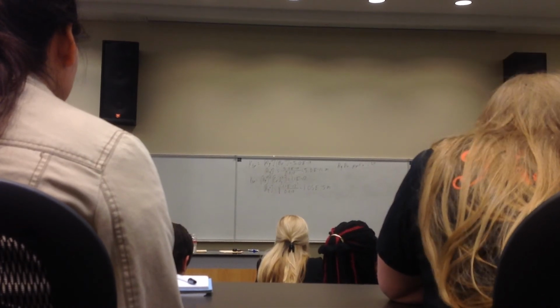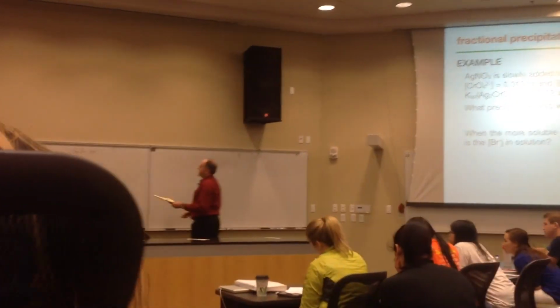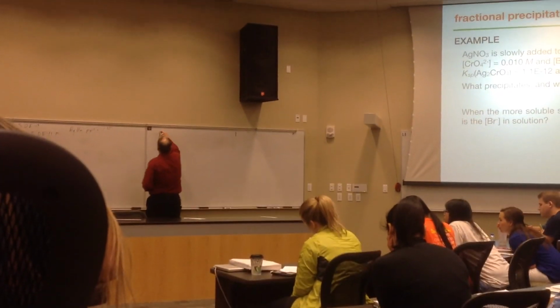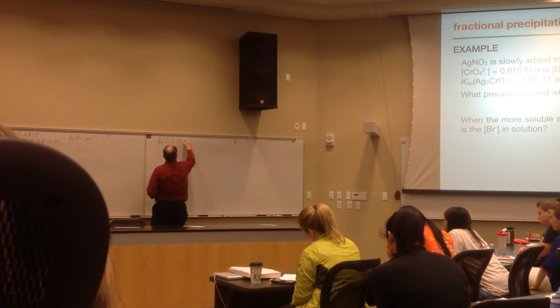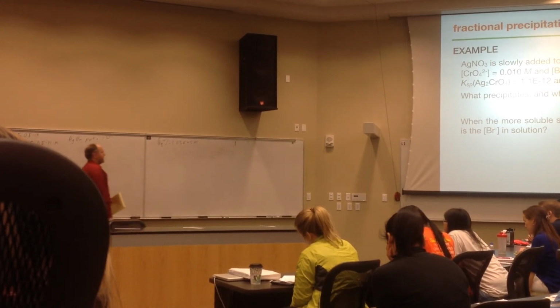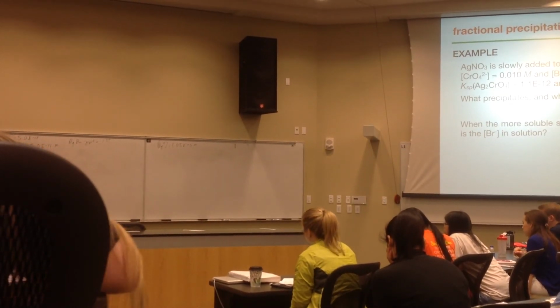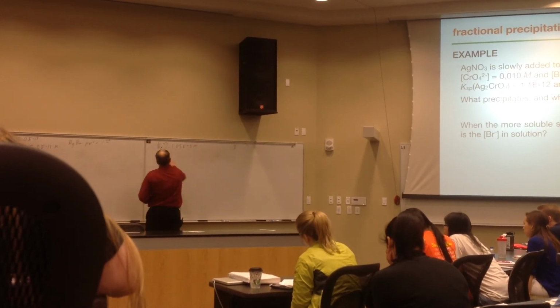When the silver chromate first starts precipitating, the silver concentration is equal to 1.05, and I'm cheating on sig figs a little bit, 1.0 times 10 to the minus 5. So I want to know what the bromide concentration is when that happens. Well, that's easy enough.